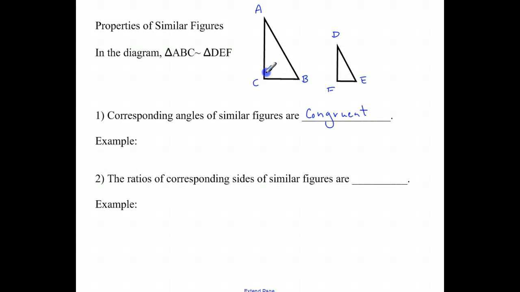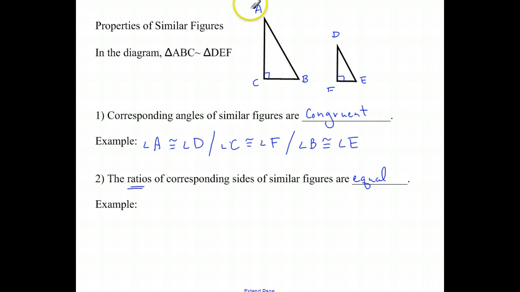So if I have a 90-degree angle here at C, I'm also going to have a 90-degree angle here at angle F. So I would say that angle A is congruent to angle D. I could obviously also say that angle C is congruent to angle F. And I could also say that angle B is congruent to angle E.